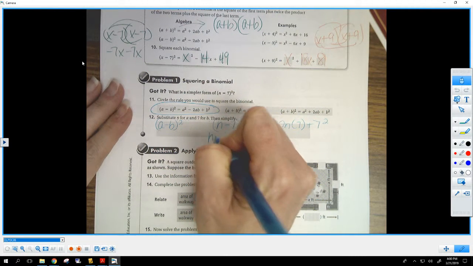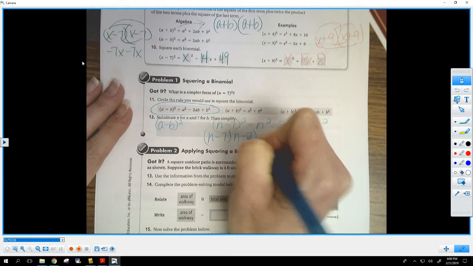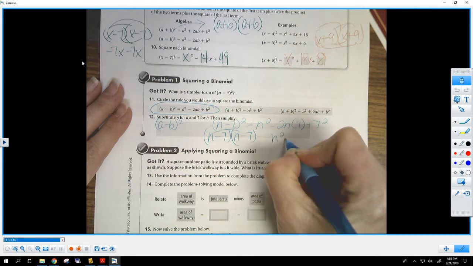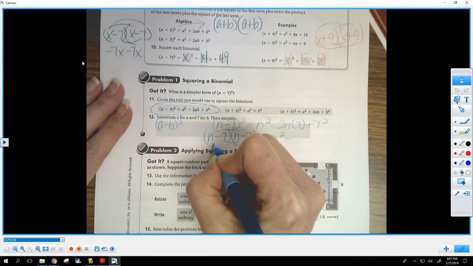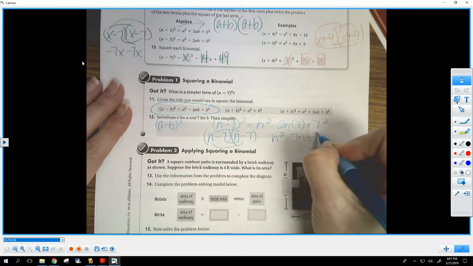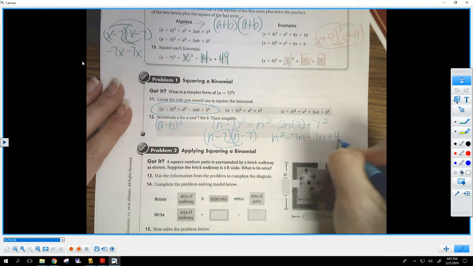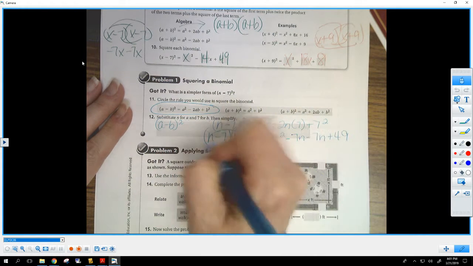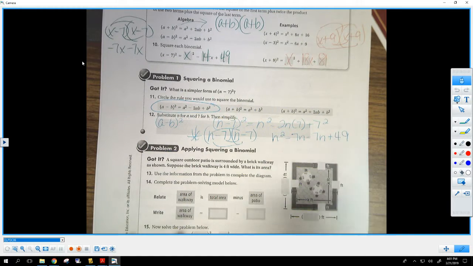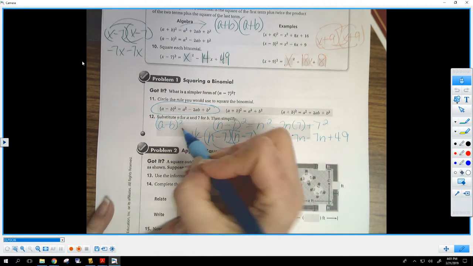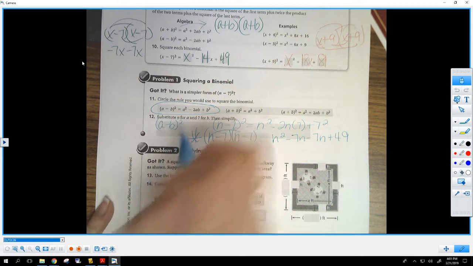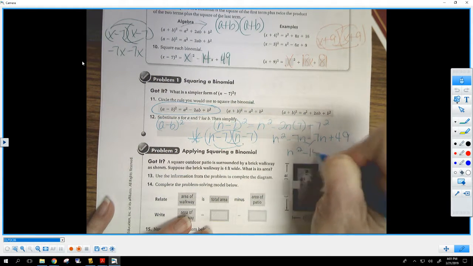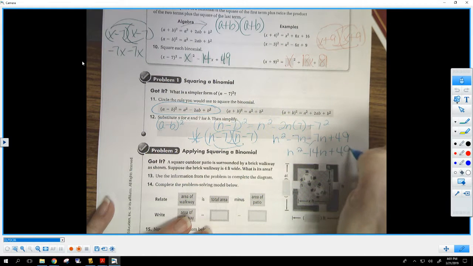So you see, if I literally just do n minus 7 times n minus 7, and I multiply, then I know I can do that: n squared, outer, inner, minus 7n, plus 49, right? Easier than this. This is the way that is easiest. That is the way that we know, right? All you have to do is write it twice. Squared means it's this 2 times. I know that. Combine like terms, n squared minus 14n plus 49, right?